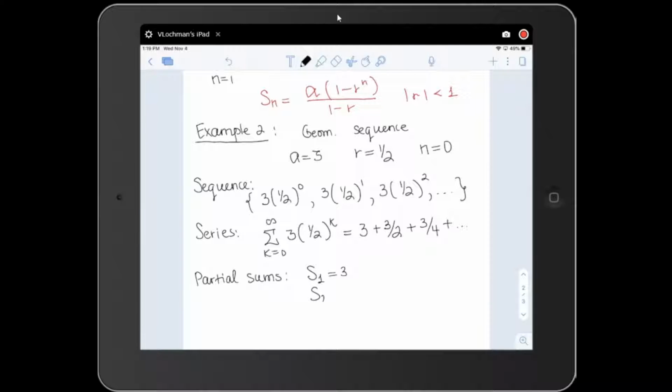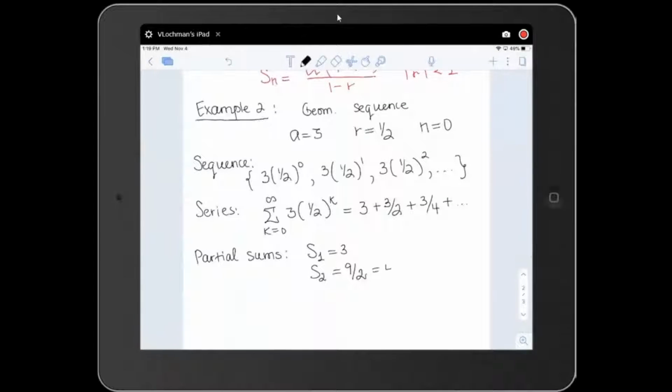The second partial sum is 9 over 2, so that's 4.5. The third one is 21 over 4, so this would be 5 1/4. I'm just trying to estimate what's happening here. Is it growing? Yes, the partial sums are growing. Are they going to grow out of bounds?